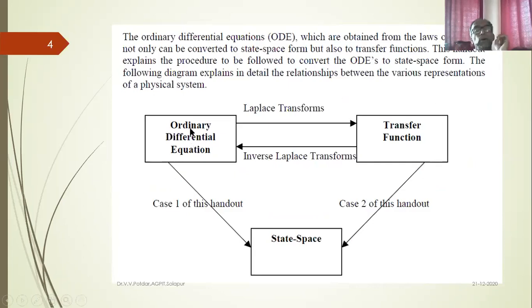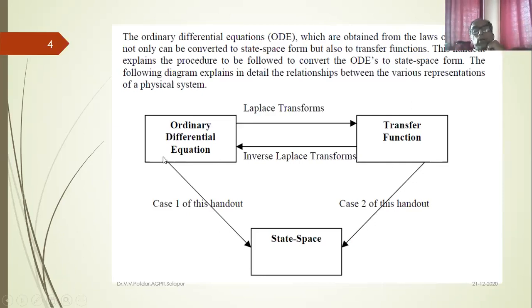So with an ordinary differential equation, we take a Laplace transform, converting the time domain equation to a Laplace domain or S domain equation, and take the ratio of output by input to get the transfer function of that system. From that transfer function, if I take the inverse Laplace transform, I can get the time domain equation or the time domain solution.